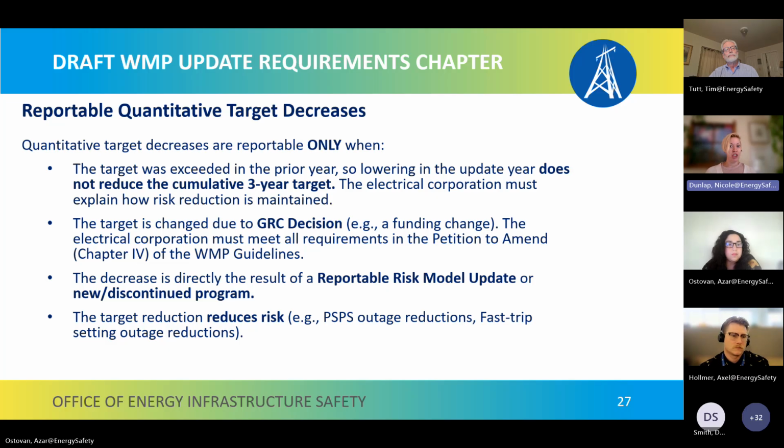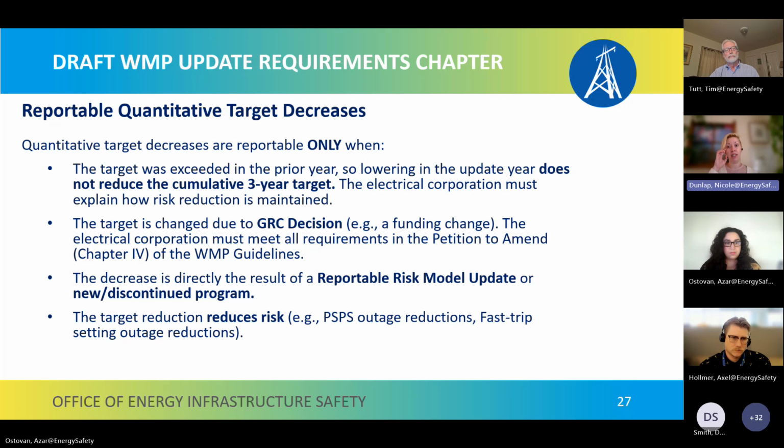So an electrical corporation must report quantitative target decreases only if it meets one of the following 4 criteria. If the electrical corporation overachieved a prior year's target, it may decrease the update year's target only if the 3-year cumulative target does not change and if it can prove that the same amount of risk reduction will be achieved.